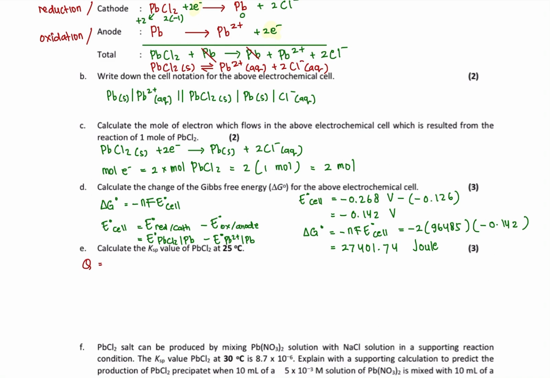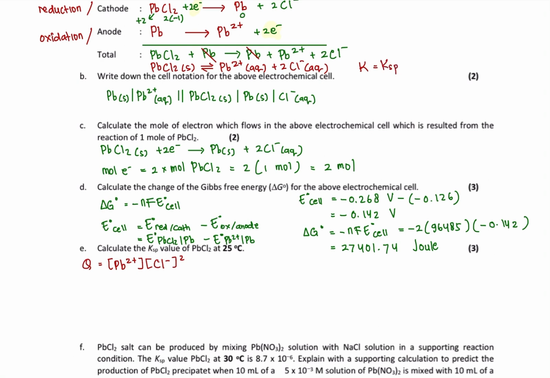So here we have Pb2 plus, and then we have Cl minus, which is squared. And then if you want to calculate the KSP, the K here is actually the KSP, right?